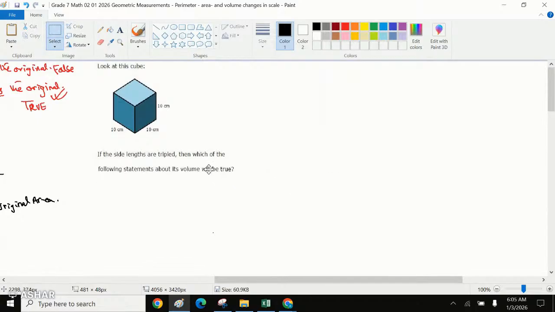If they're saying that in question number 2, there's a cube which has the dimensions 10, 10, and 10, right? If the side length is tripled, only the length of the side, okay? Because we have 3 dimensions, right? Let's see if they're asking for one side or more than one side that needs to be tripled.